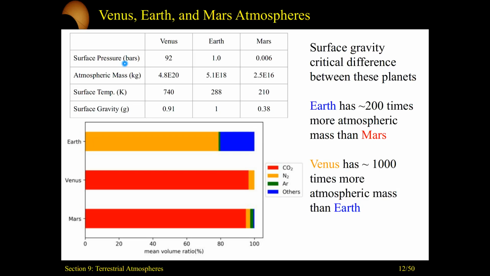If we measure in the unit of bars, not an SI unit, 1 bar of pressure is about what you're feeling right now as you're watching this video. Mars has 0.006 bars of pressure, whereas Venus has 92 bars of pressure. This is equivalent to swimming several hundred meters deep into an ocean and feeling that pressure crushing in, caving in on you.